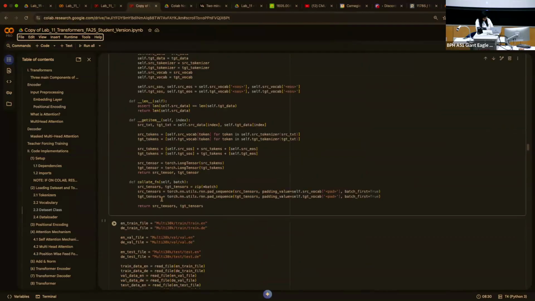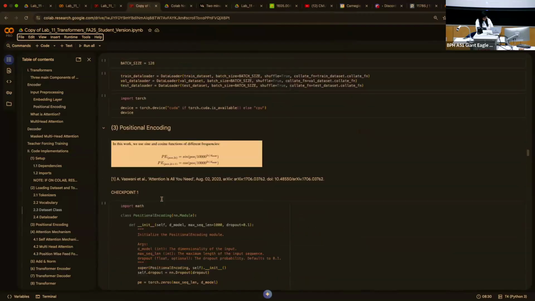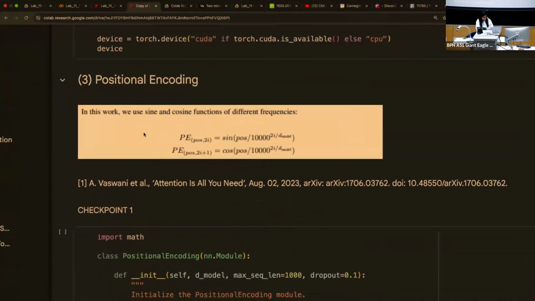So we went through the tokenization, vocabulary, and data loader, and this brings us to the first checkpoint of this notebook: how do you code up these positional encodings that we talked about? Positional encodings are basically to let the transformer recognize relationships between words.